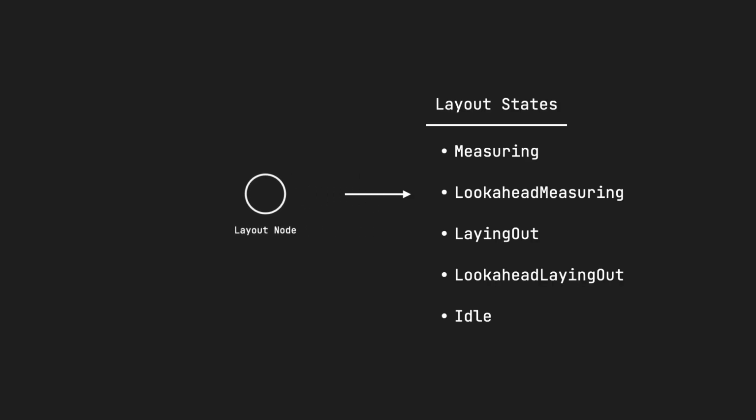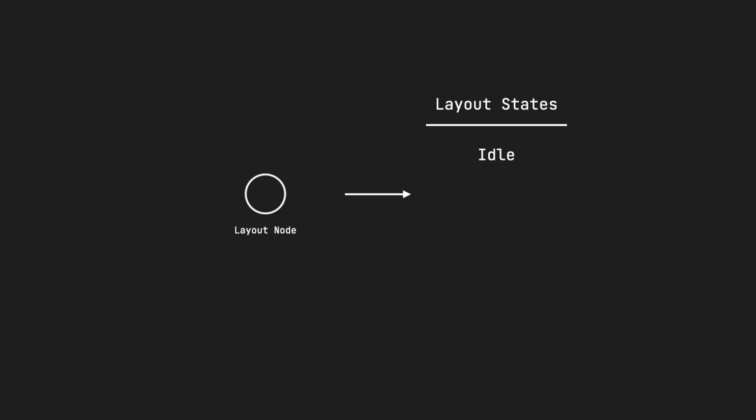The states go from one to another by starting off at an idle state during initial composition, then it moves towards measuring, then it moves towards laying things out, then it goes back to an idle state. So this is like a state machine, and inside of the layout node class is interacting with certain delegates to be able to do this, and that's what we'll look at in the next video.